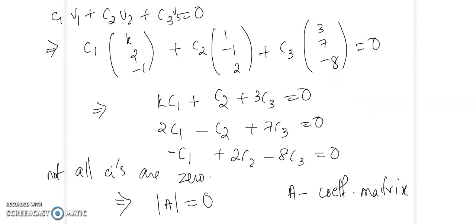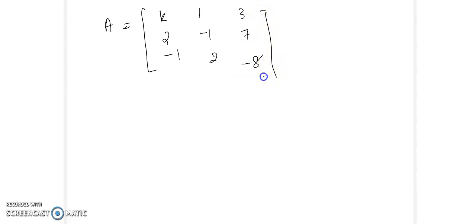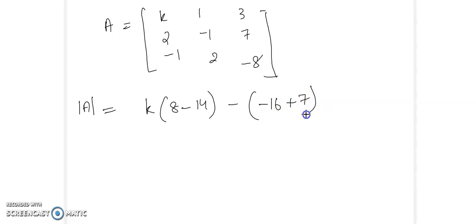Okay. So let us write A now. A will be the matrix k, 2, minus 1, then 1, minus 1, 2, and 3, 7, minus 8. So let us calculate the determinant of A. Determinant of A will be k into 8 minus 14, then minus 1 into minus 16 plus 7, plus 3 into 4 minus 1.